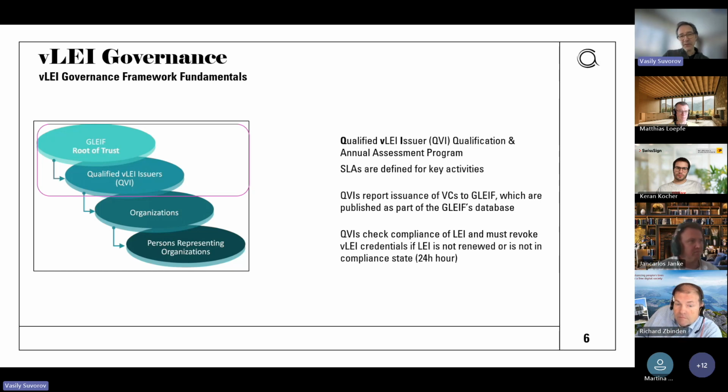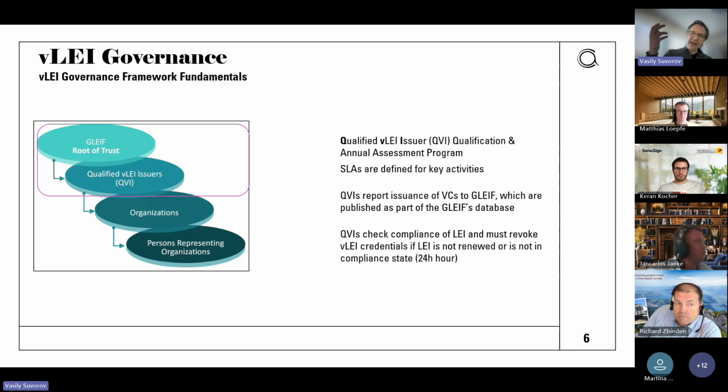Now, what happens during this issuance, the QVI checks the compliance of the LEI first, right? Remember, you need to have the LEI first, and then as part of this SLA, they must revoke vLEI credentials if the LEI is not renewed or is not in compliance within 24 hours. So this way, the metadata is guaranteed to stay fresh and accurate.